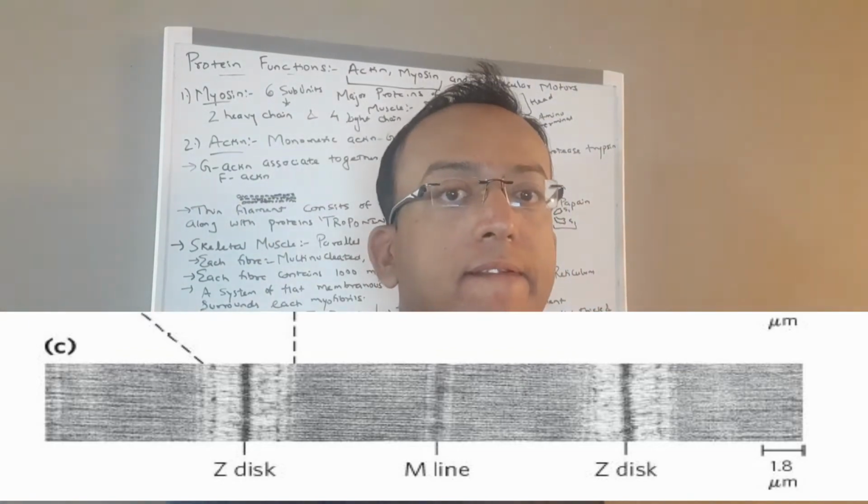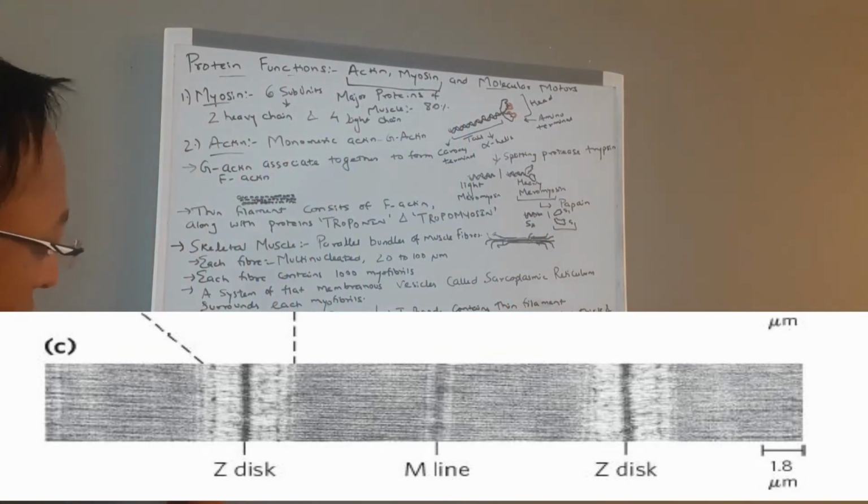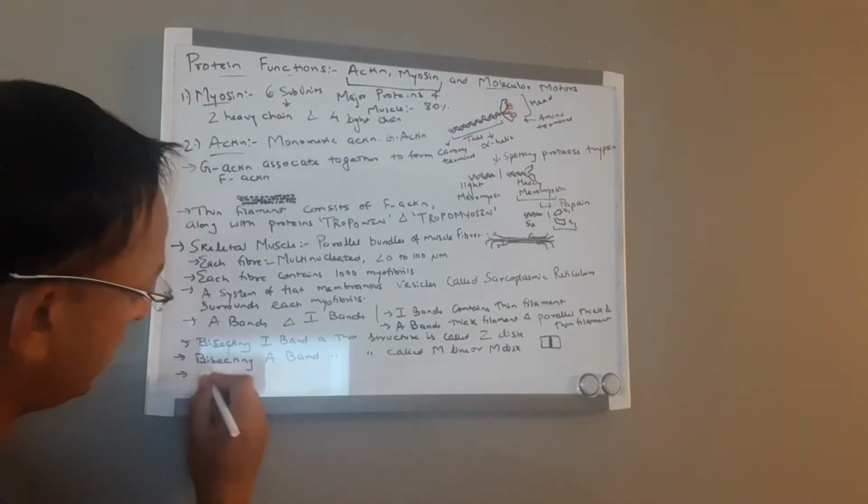So I'll write it down. What is called a sarcomere?